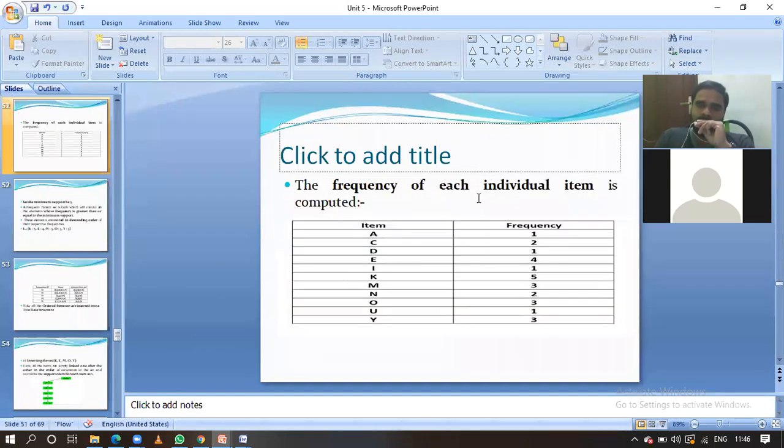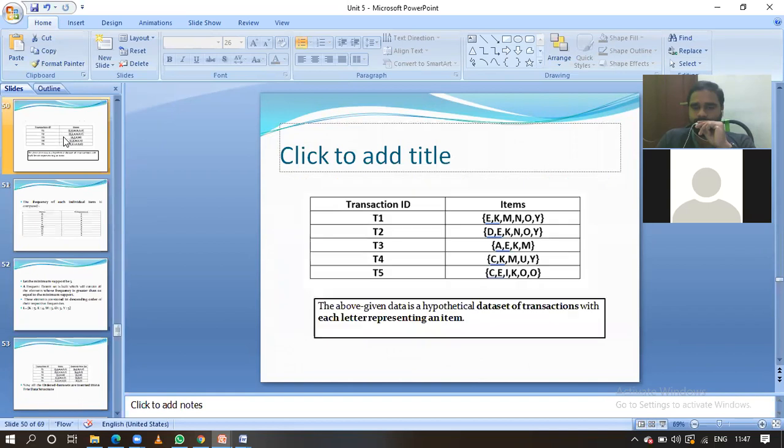For solving this problem, with the Apriori algorithm as well as the FP growth algorithm, the first and foremost step is to write down each item and how many times it is repeated. For the given input, the A item is repeated 1 time. If you check the data set, here is the data set. How many times is A repeated?